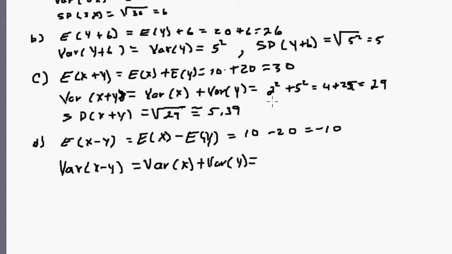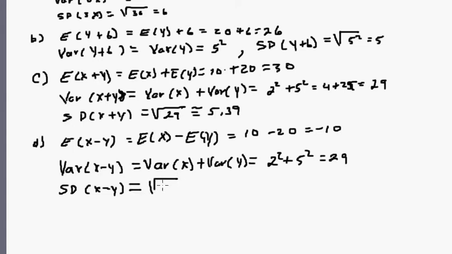Okay, so it's going to be the same thing over here. 2 squared plus 5 squared, so 29. And the standard deviation of x minus y is the same thing as above.